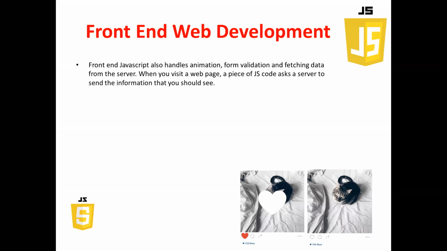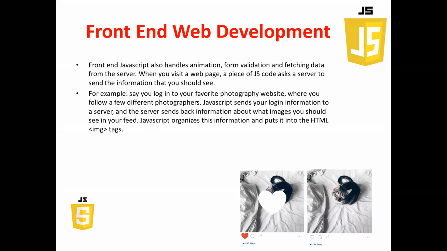When you visit a web page, a piece of JavaScript code asks a server to send the information that you should see. For example, say you log into your favorite photography website, where you follow a few different photographers. JavaScript sends your login information to a server, and the server sends back information about what images you should see in your feed.